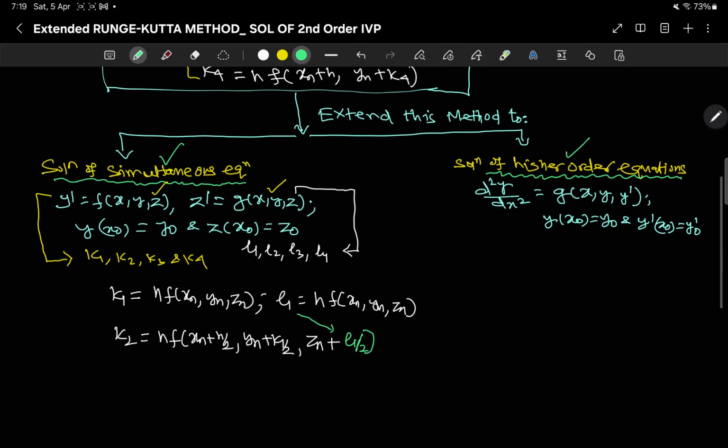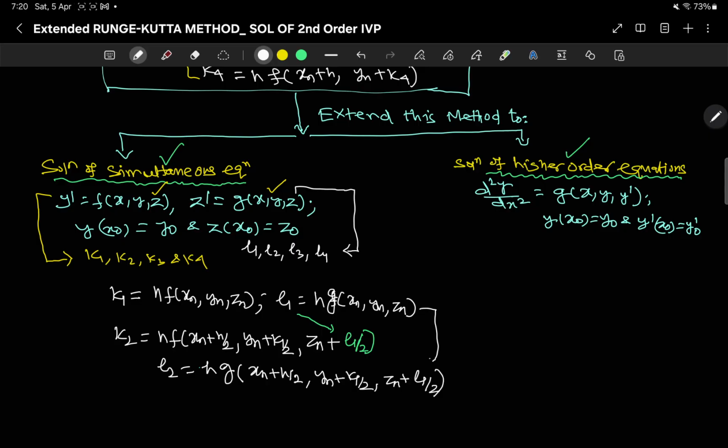Then L2 = h g(xn + h/2, yn + k1/2, zn + L1/2).